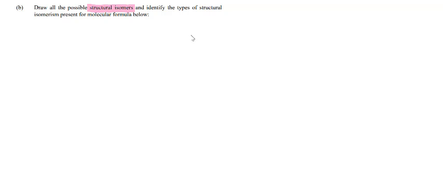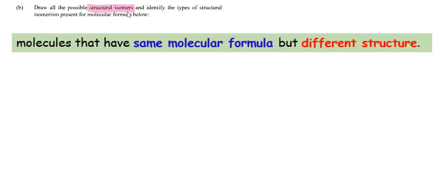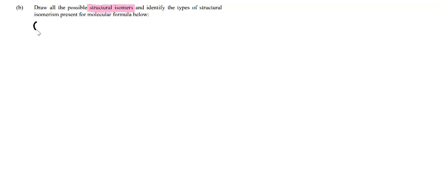If you still remember the definition, structural isomers are molecules that have the same molecular formula but different structure, right? So for the first molecular formula, we have C5H12.